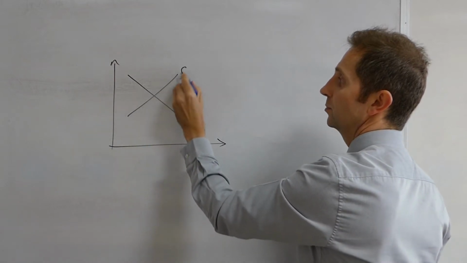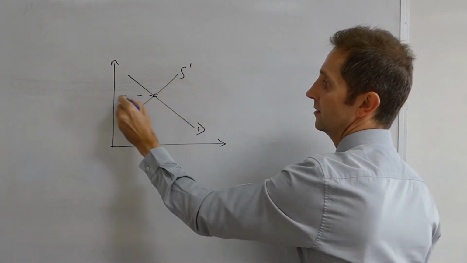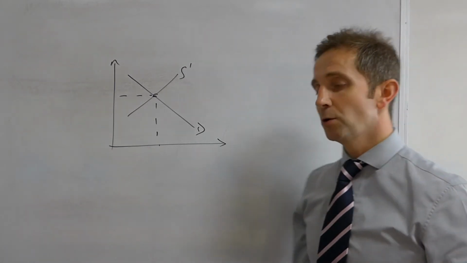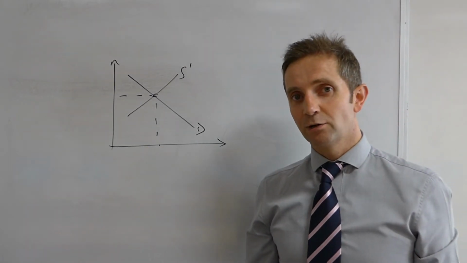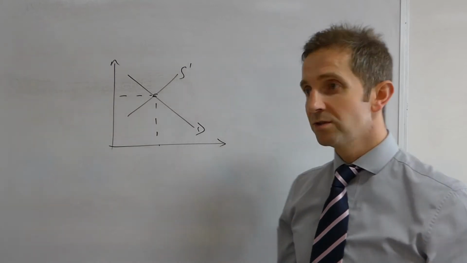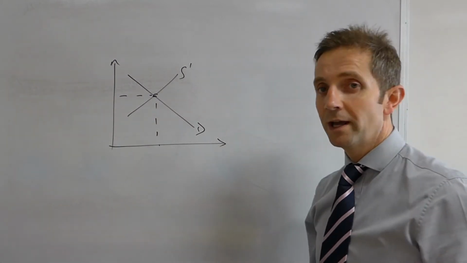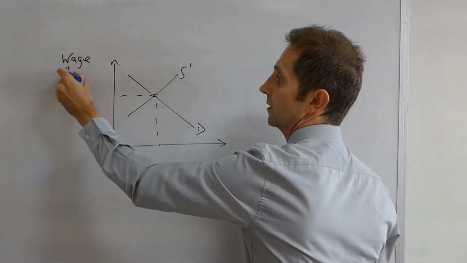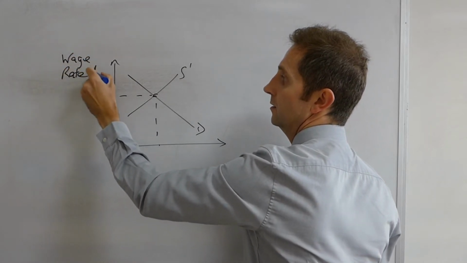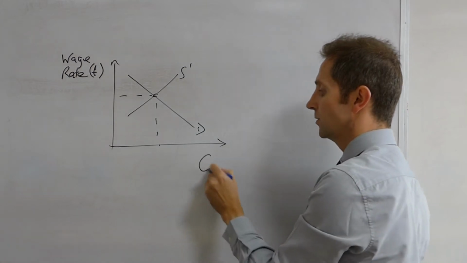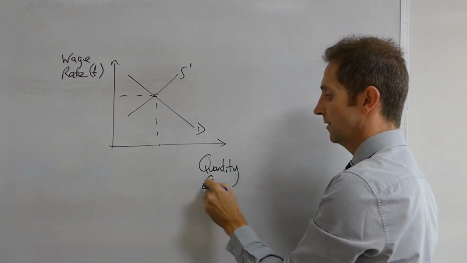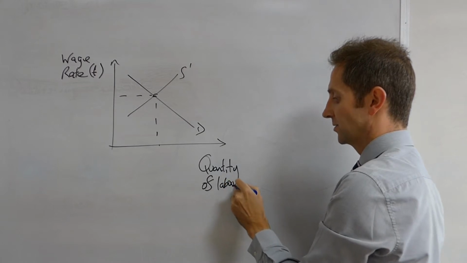So you're presented with this diagram, and then you're asked to label it up. This is a labour market diagram, so we don't have price and quantity on the y and x axis. We have the wage rate in pounds on the y axis, and the quantity of labour on the x axis.